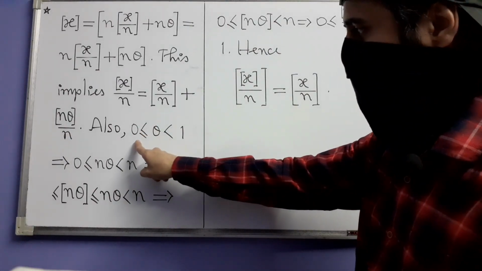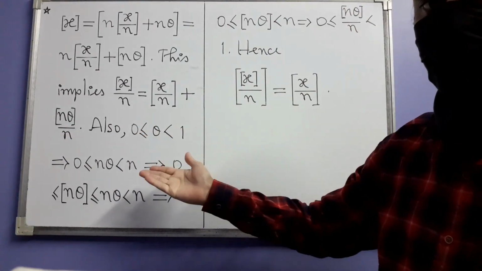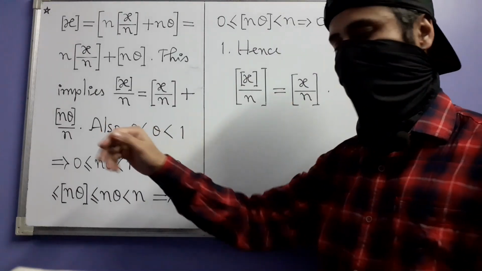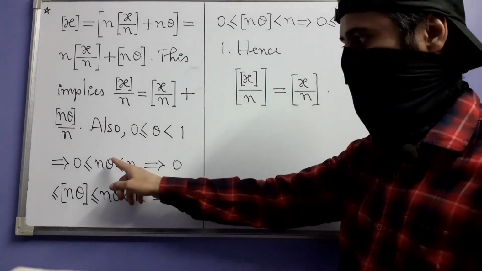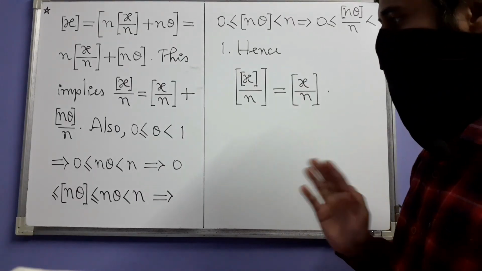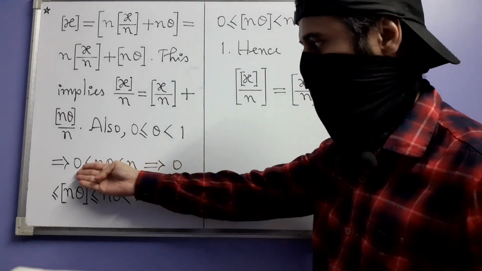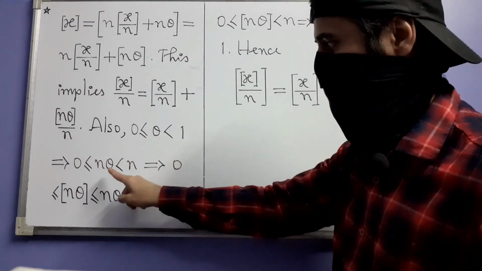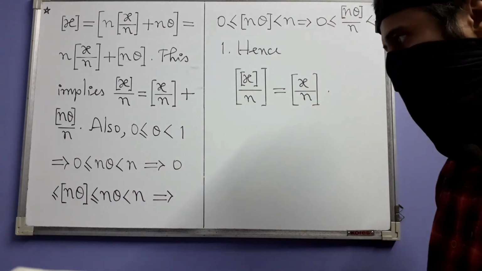Theta is non-negative, that means theta is greater than or equal to 0, and theta is less than 1. We can multiply throughout by n. The inequalities will retain their direction because n is a positive integer. So we get 0, n times 0 is 0, less than or equal to n theta, which is less than n.